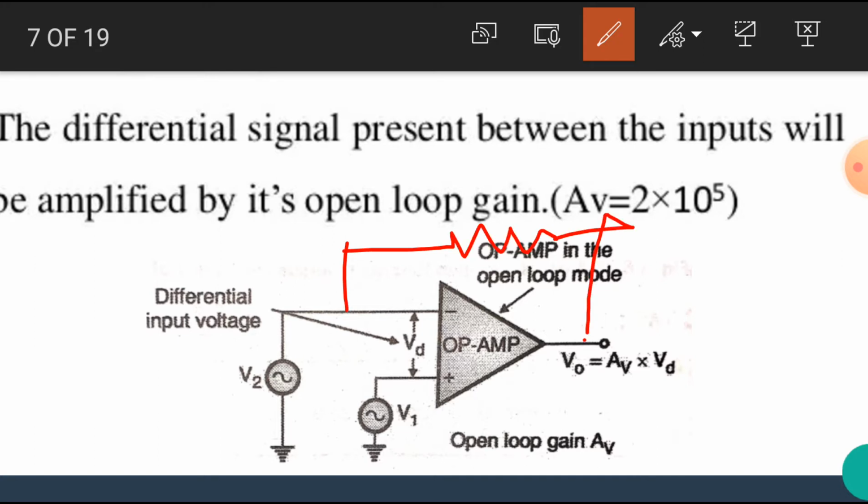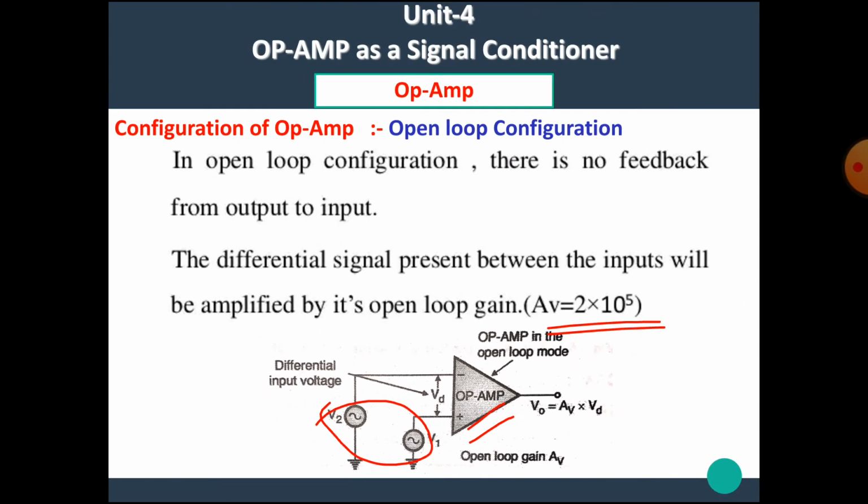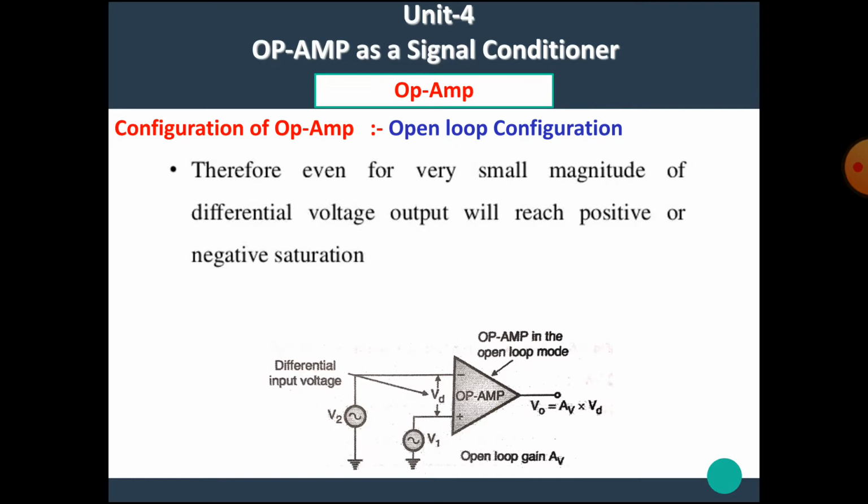Okay, feedback means a part of the output is connected back to the input like this. That means in open loop configuration the operational amplifier will amplify the differential inputs with the gain 2 into 10 raised to 5. This is the open loop configuration.